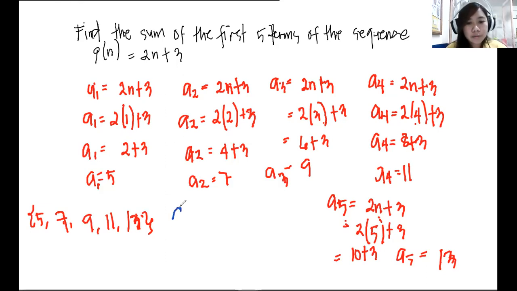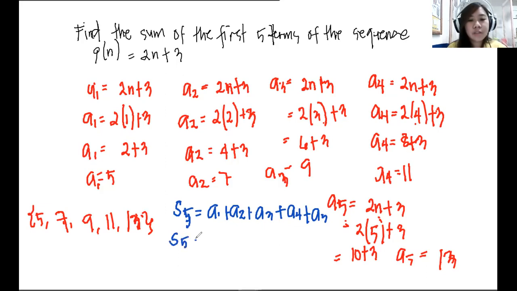Okay, so S sub 5 rather, I am so sorry. Kasi nga po, yung sum na po yung kukuhanin natin. A sub 1 plus A sub 2 plus A sub 3 plus A sub 4 plus A sub 5.